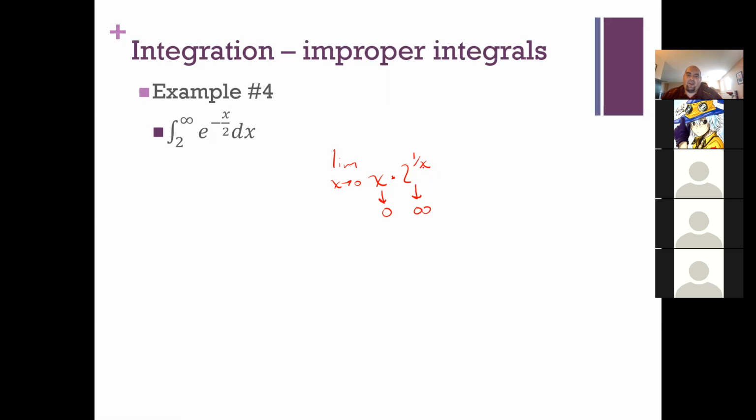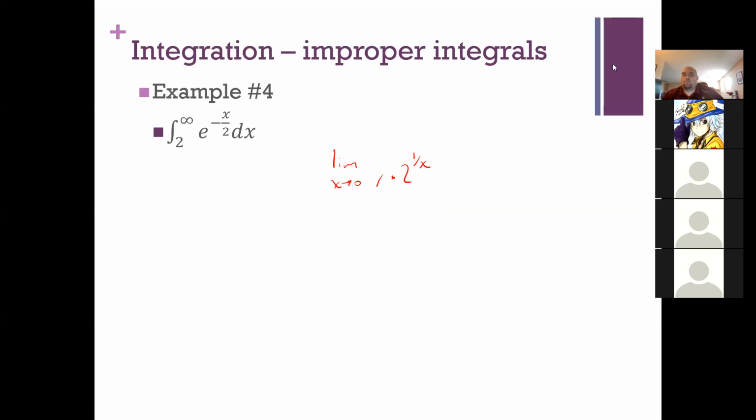Will this term on the right grow fast enough to keep this whole thing positive? Or will this x on the left make the whole product just trend towards 0? So you can't always apply those pieces in an intuitive way.